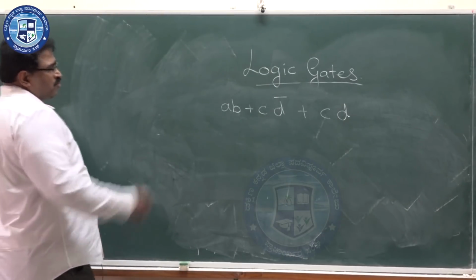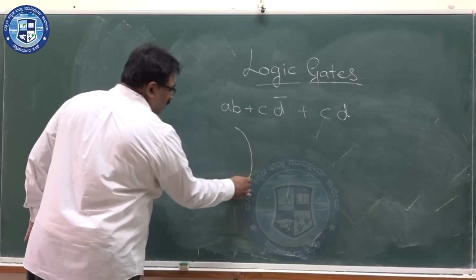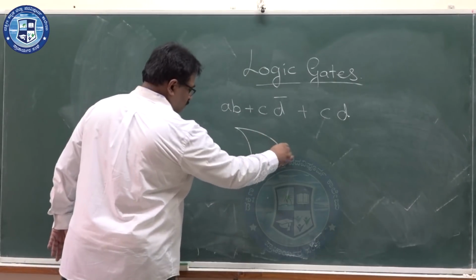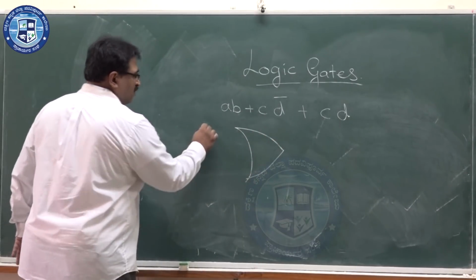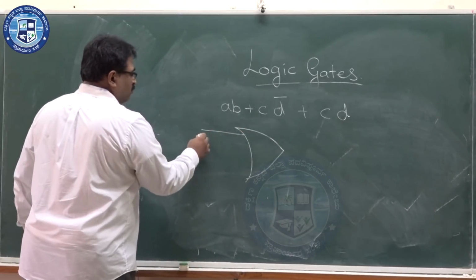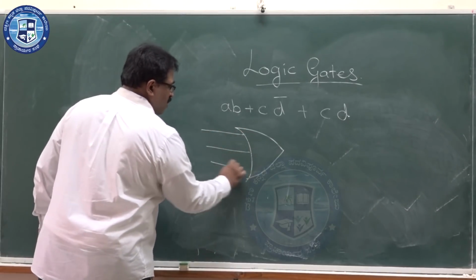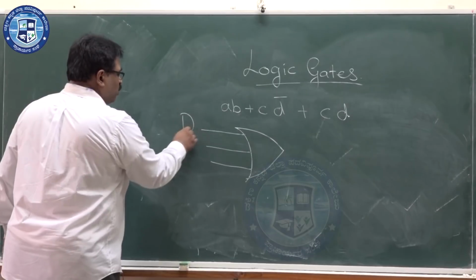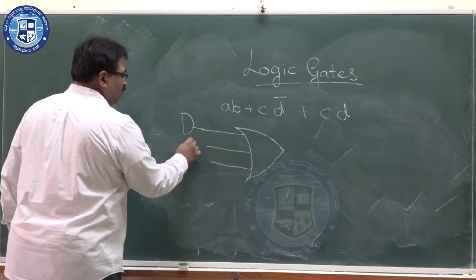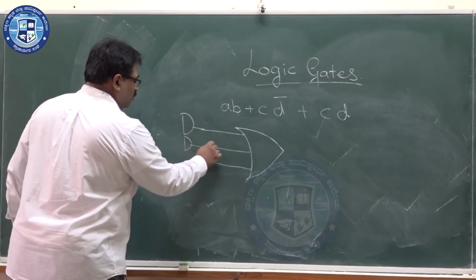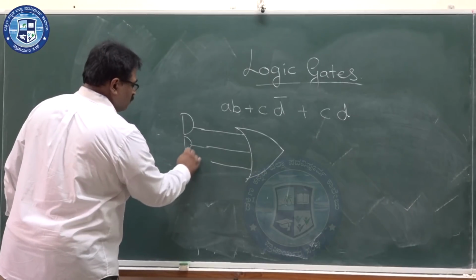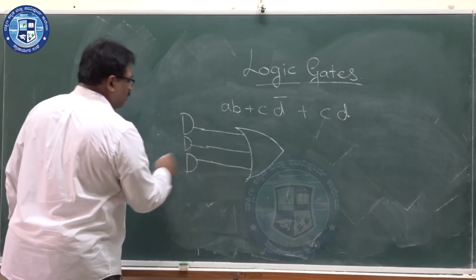So what should I do? This is the sum of the products. So I can have 3 inputs. The first one is AB, then CD bar, and CD.